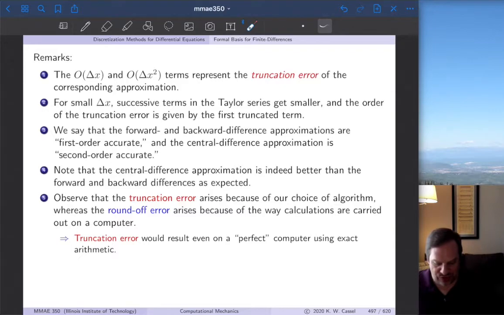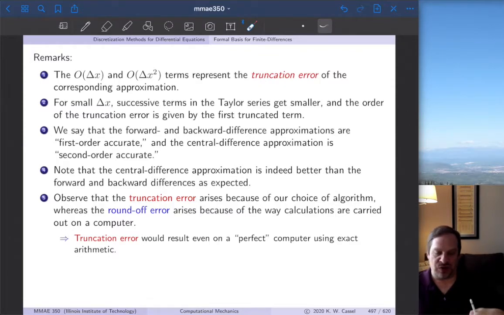Now, one thing you should keep in mind in the context of our numerical solution procedure, this is step 2, the discretization step. And so this truncation error arises because of our choice of the algorithm. So by saying I'm going to use finite difference approximations of a particular type, that determines the truncation error.